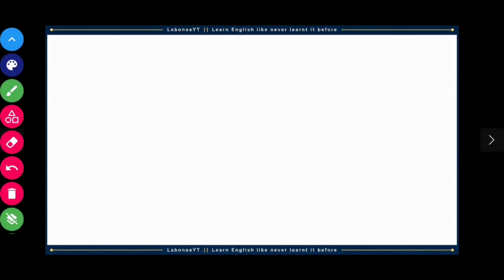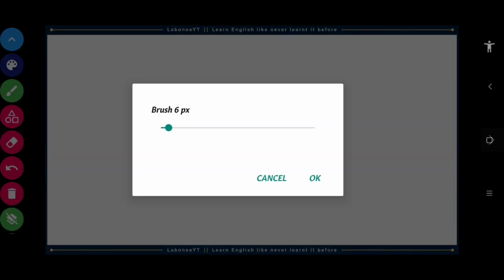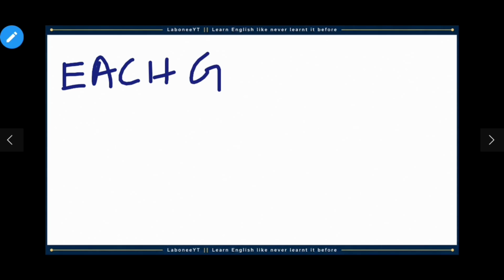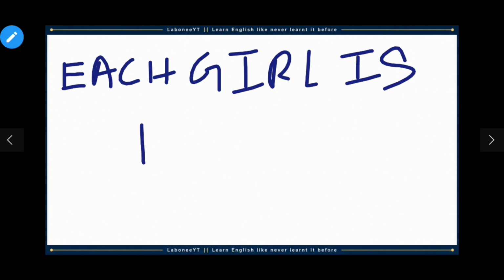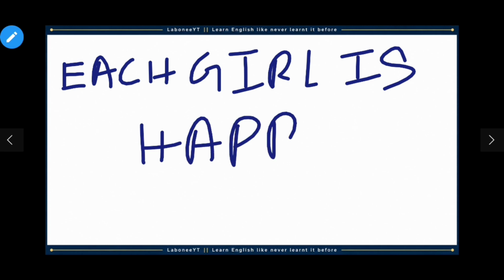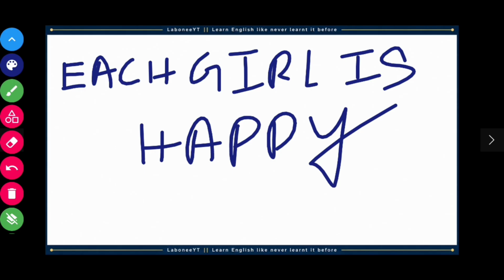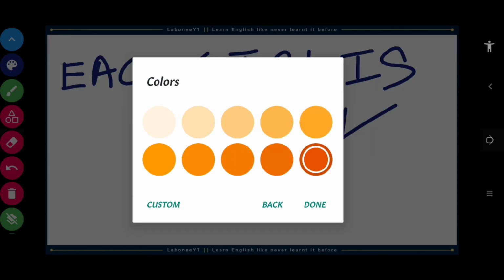Let me write one example at first here. If I write, each girl is happy. So you can see this example here, each girl is happy.